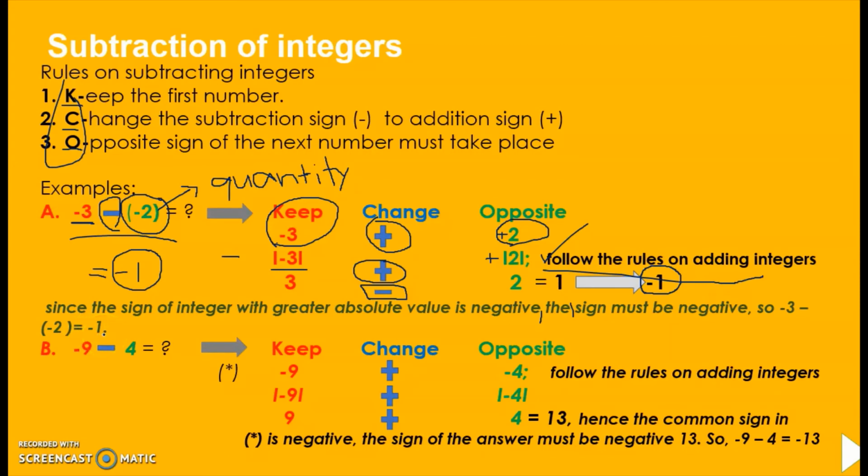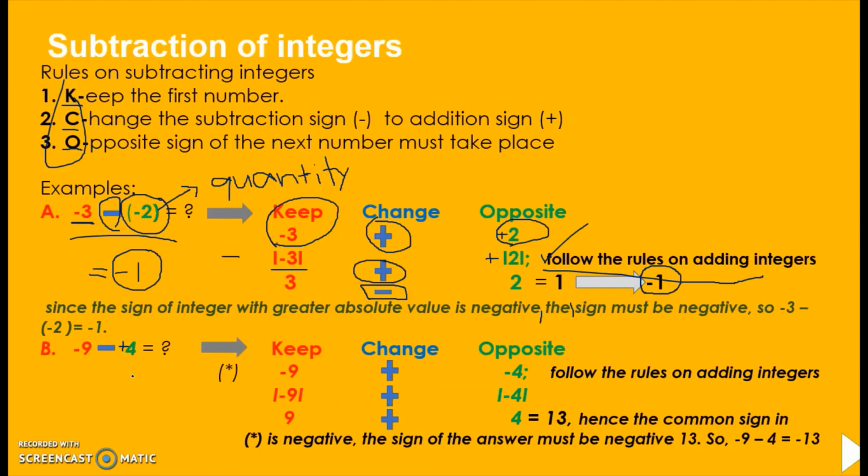So let's proceed to the next sample for subtraction of integers. Negative 9 minus 4. The 4 here is a positive integer. As you remember, any integer with no negative sign is automatically positive.